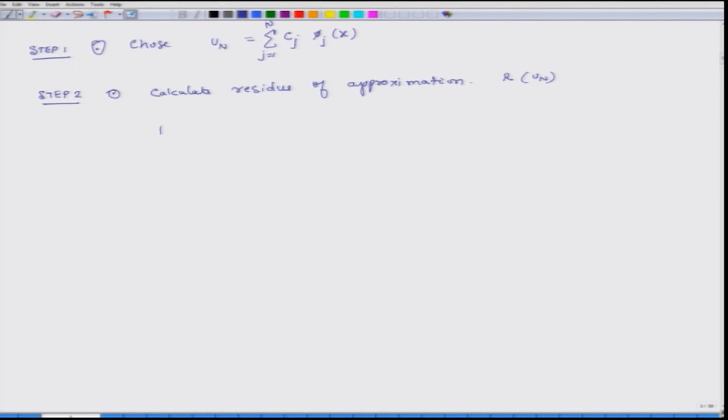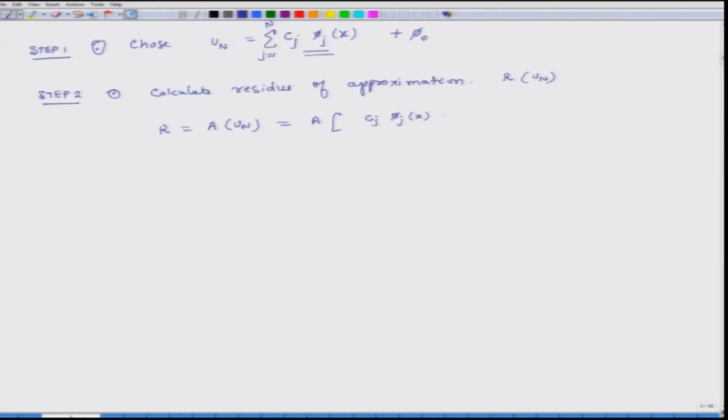So, my residue is equal to, I apply that operator on un, if the overall differential equation is this, A of un, and since un is Cj phi j x, I am using this operator on un. I can also add a constant term here, phi naught.